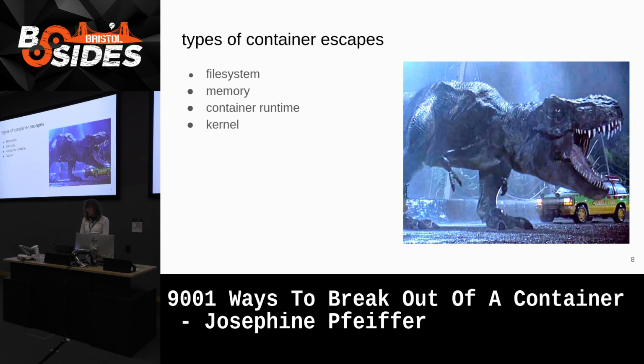And the most interesting part, in my opinion, is the kernel type escapes. It's mostly around gaining elevated privileges on the host and then bypassing isolation that way to gain direct access to the host system. And we'll take a look at one particular practical case of escaping the kernel now.